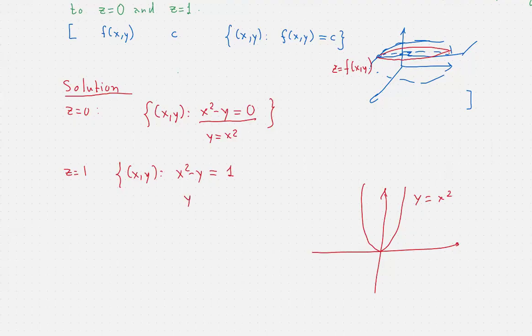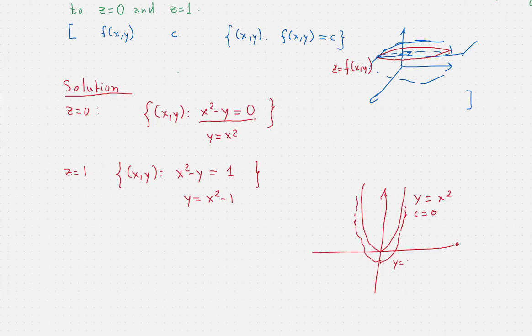And x squared minus 1 is going to be the same curve, pretty much shifted downwards by 1. Okay, so this is y equals x squared minus 1. And this is the level curve for z equals 1.